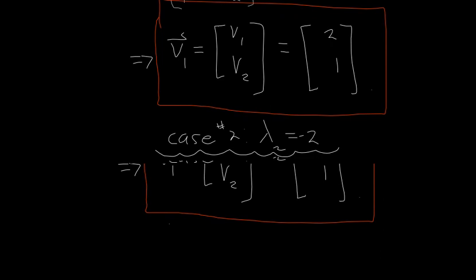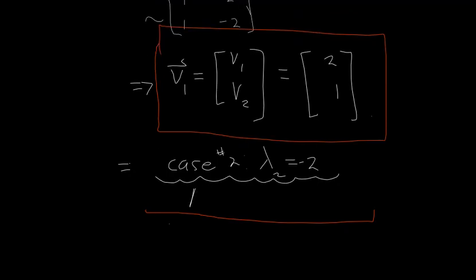What we're going to do is, again, set up our eigenvector. We have to use A plus 2 times the identity matrix times the eigenvector V2, and this is going to be equal to 0. It's pretty interesting stuff.